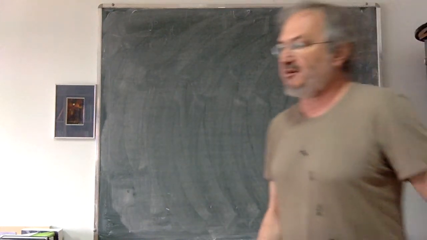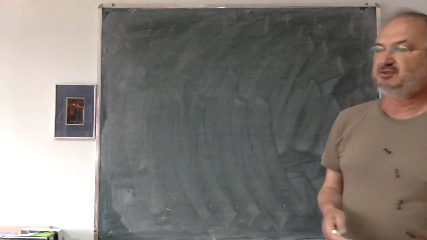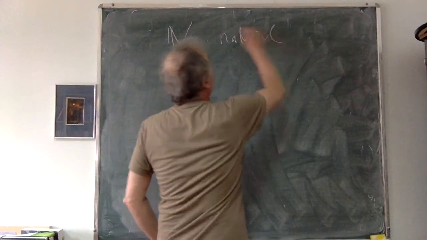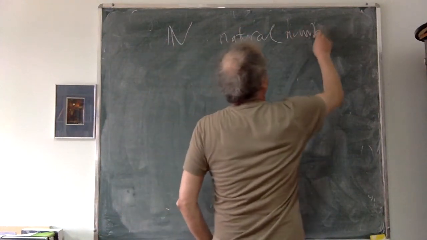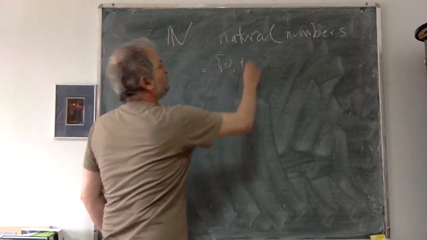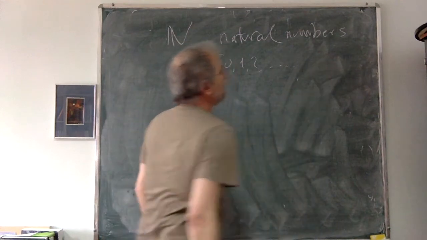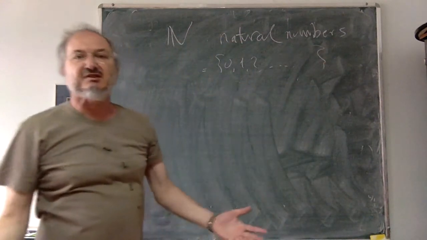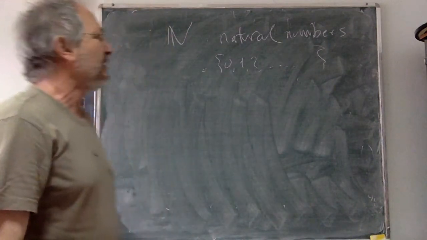The ultimate mathematical device of capturing infinity is the set of natural numbers. This is the natural numbers, which is 0, 1, 2, and the problem here is this dot, dot, dot. What does that mean? Where does it end?